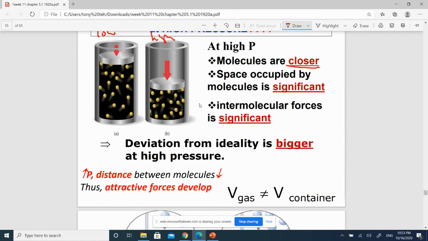For real gas, the volume of gas is no longer the same as the volume of the container. Just a reminder, when pressure increases, the distance between the molecules decreases. Thus, attractive forces develop, because when they are close enough, there will be attractive forces.